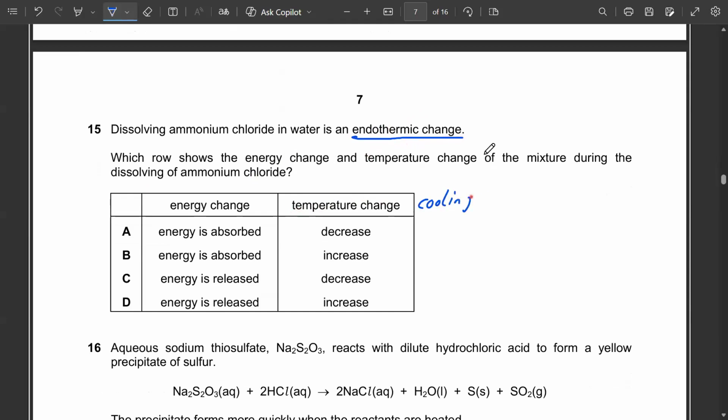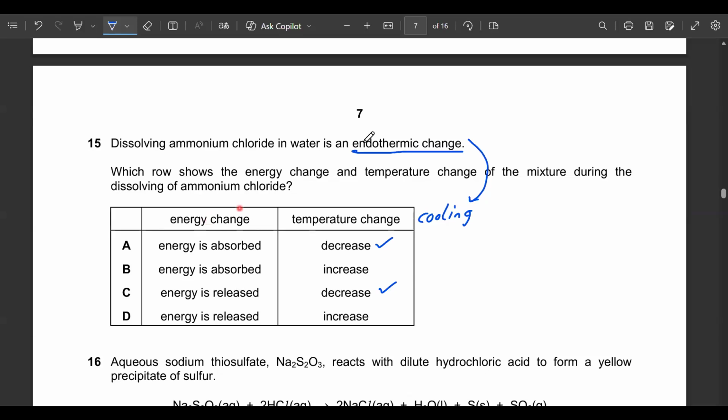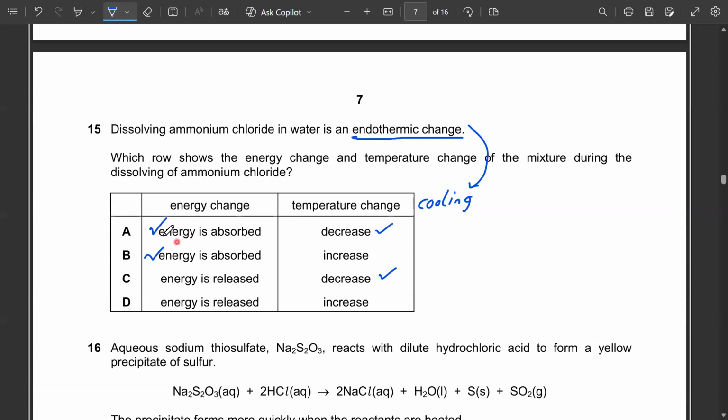There is a cooling effect in the endothermic reaction. So by cooling we mean a drop in temperature. So temperature decreases in the endothermic, and with respect to the energy change, endothermic means absorption of energy. You have already studied this. So energy is absorbed in the endothermic. That means option A is the correct option.